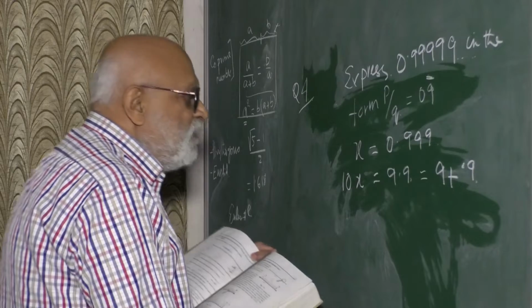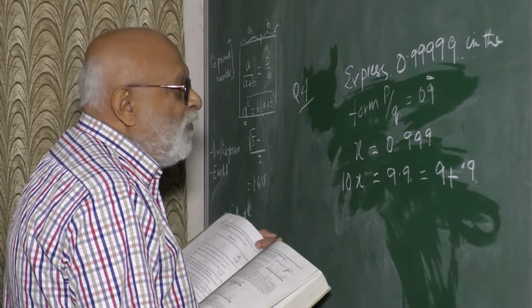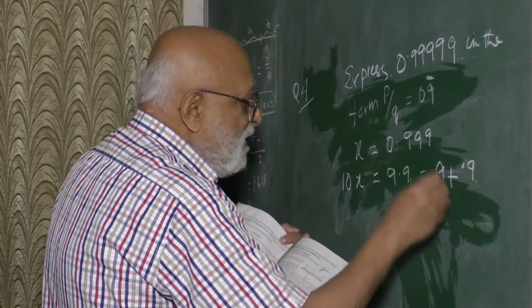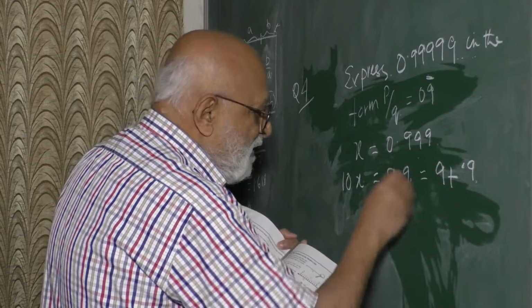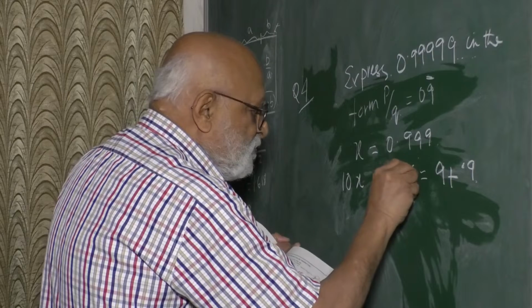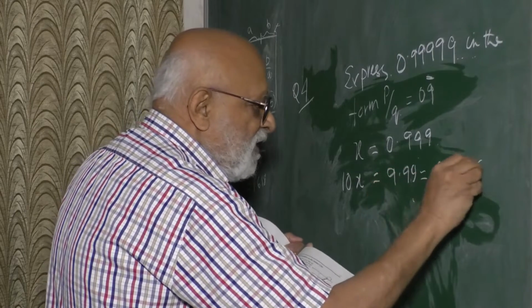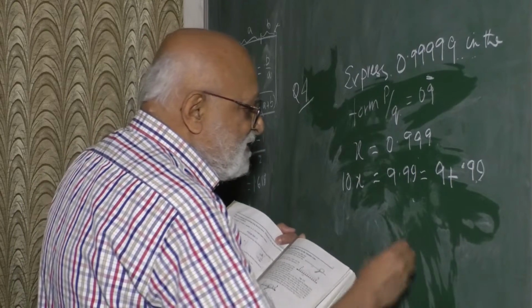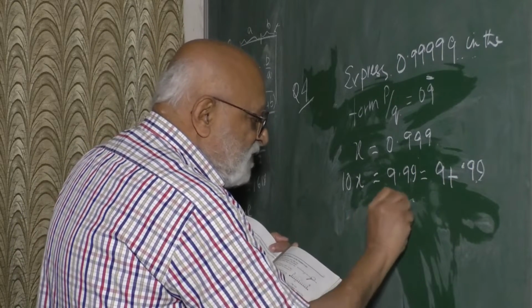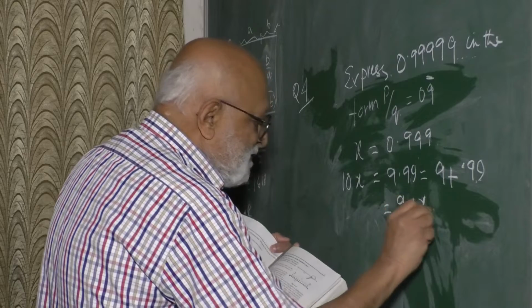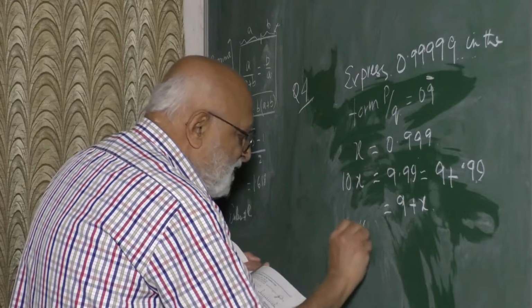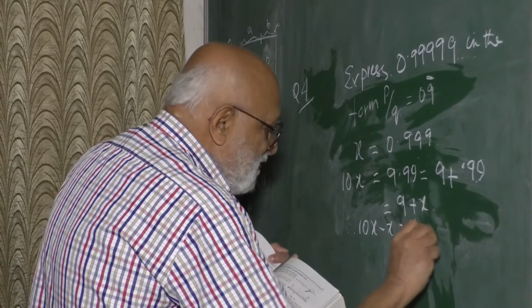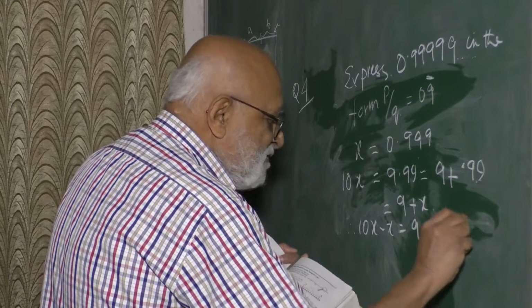And in order to show continuity, I'll put another 9 here, so it becomes easy for you to visualize. So this will be 9 plus x. Therefore, 10x minus x is equal to 9. Therefore, x equals 1.